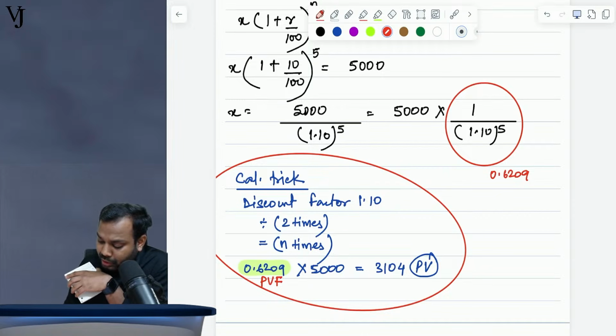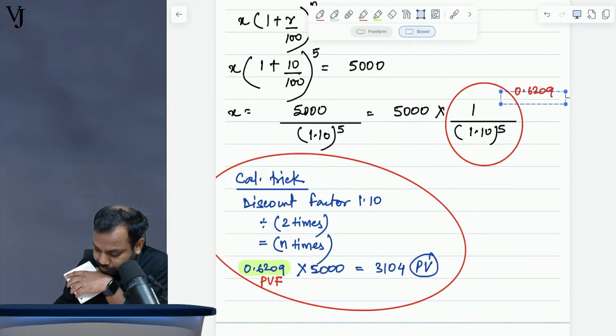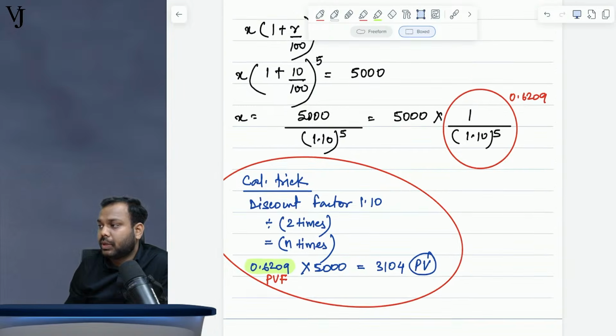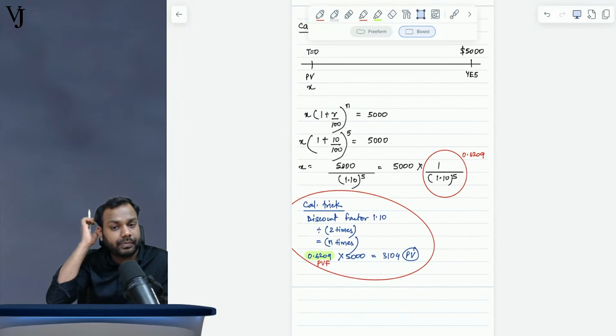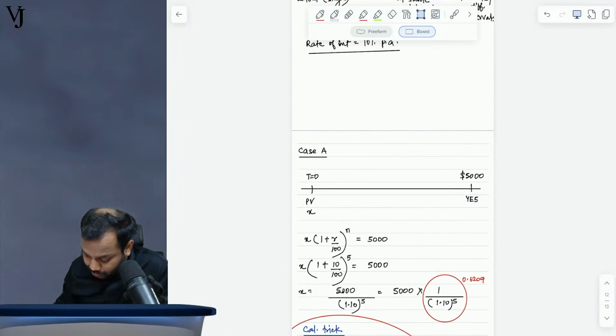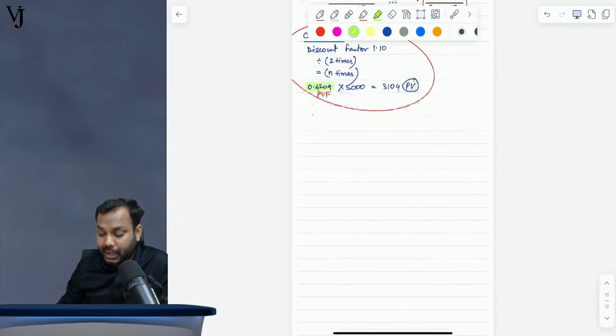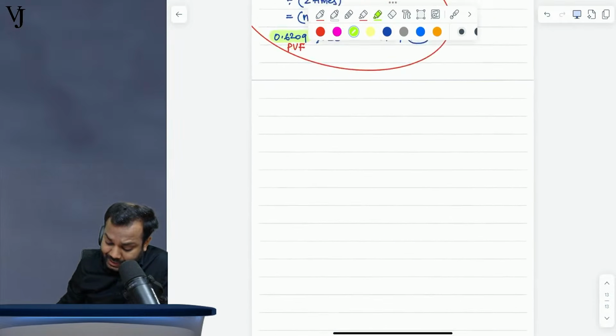So 5,000 into 0.6209 comes to the present value. Is it clear everyone? Okay, now this is case A. Now moving on to case B.